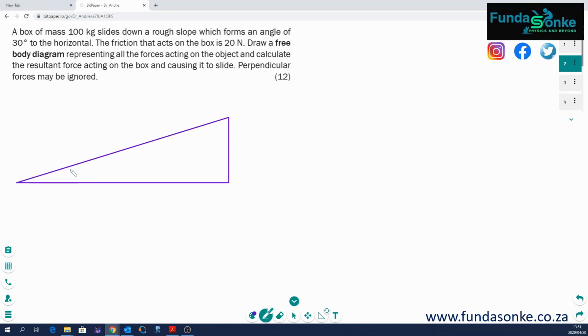Okay, we're told that the inclined plane forms an angle of 30 degrees. You've got a mass of 100 kgs.